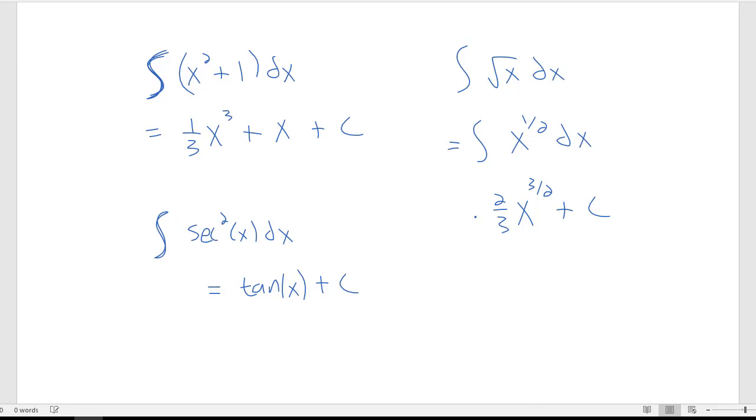So in all of the problems we had been doing, for the most part, they were simple. I hate to say that anything in a calculus course is simple, but we've been doing relatively straightforward integrals.